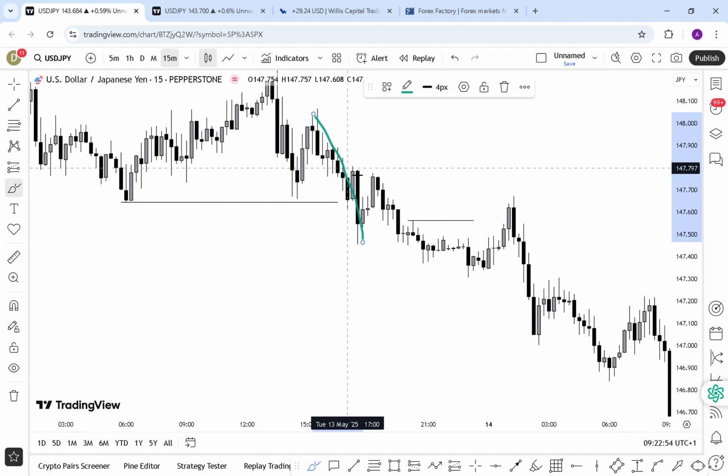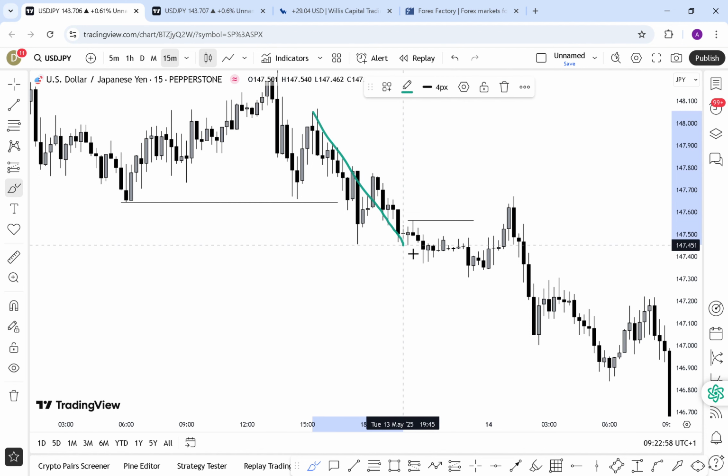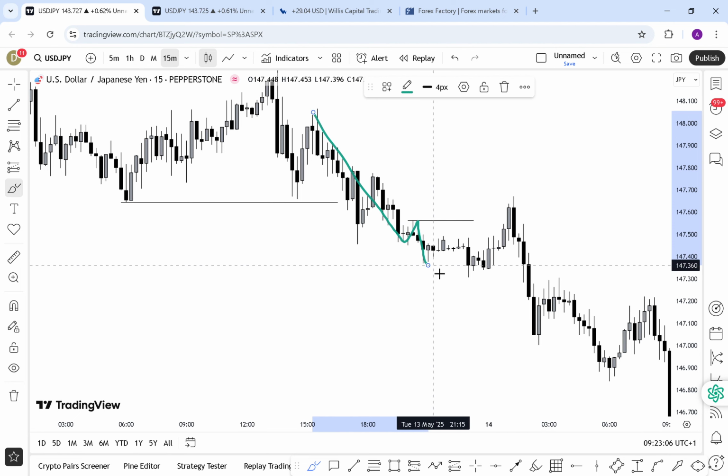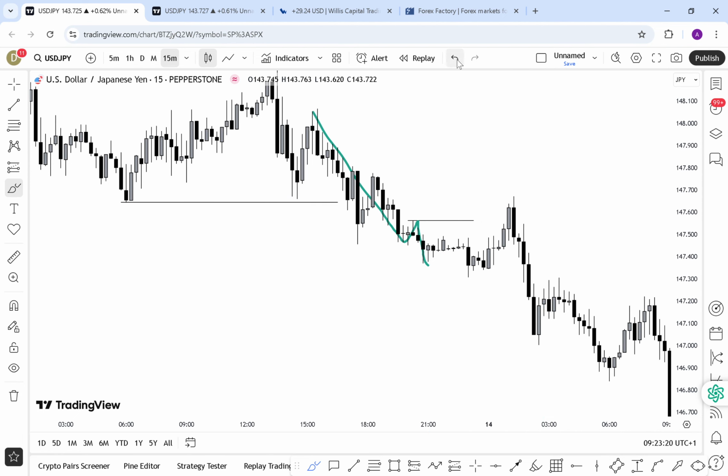The market tried to pull back, but because this one is not valid, it's as good as we have this. The market pulled back, then did this, then this is a consolidation. In between, all these candles are inside this one. I think I will have to do a video on how to identify when the pullback is valid and when it's not valid. As you can see, the market did all that and finally pulled back and took out the market. So we have our swing low here.